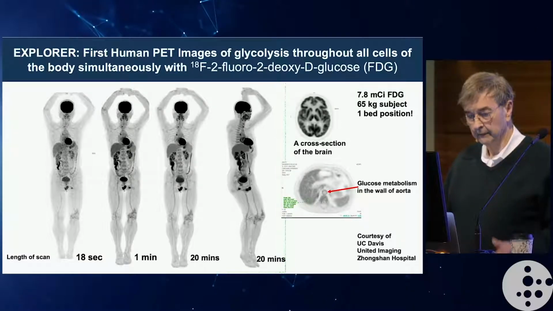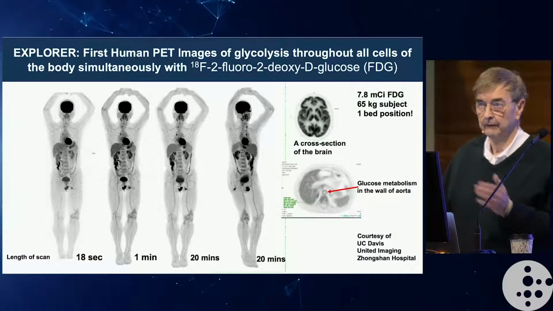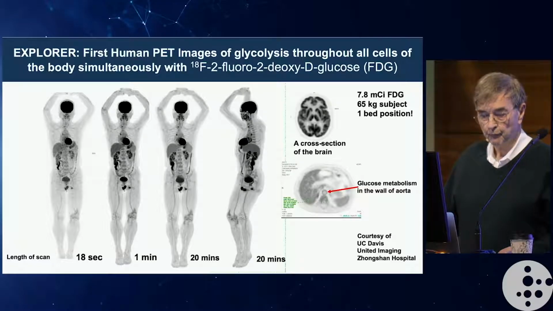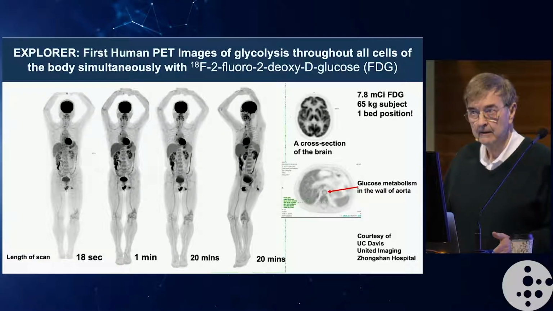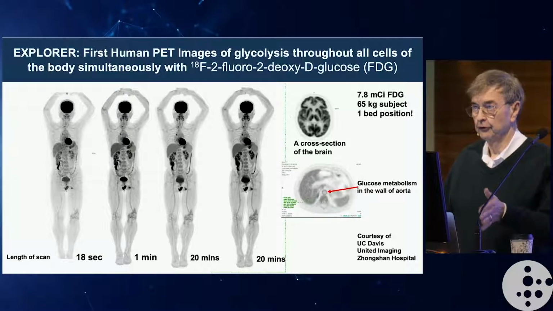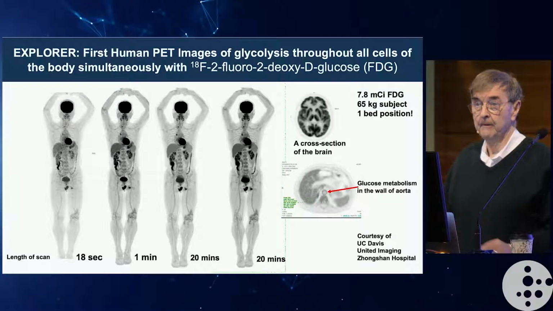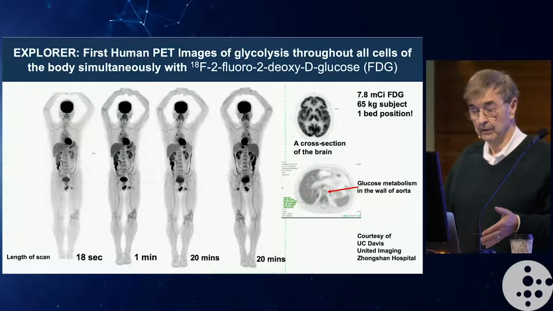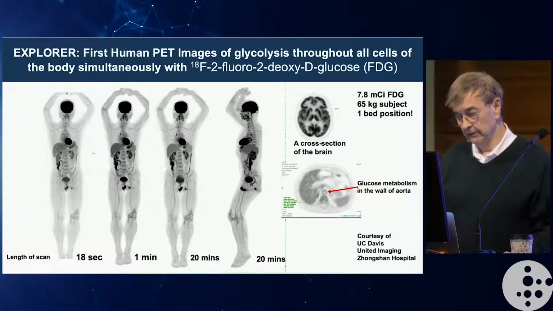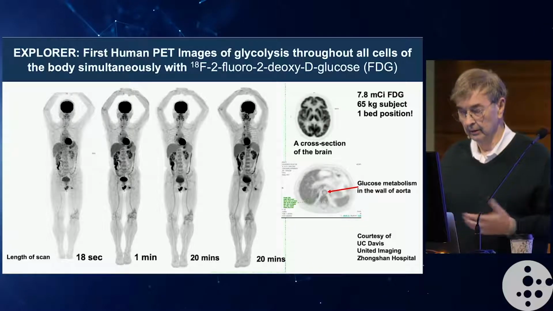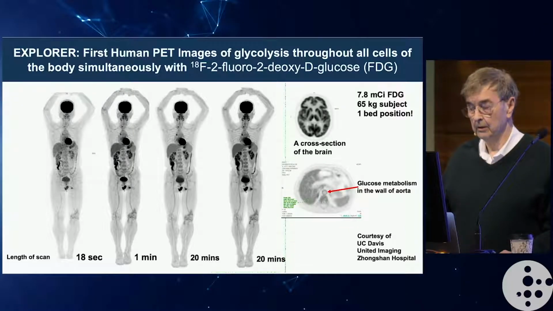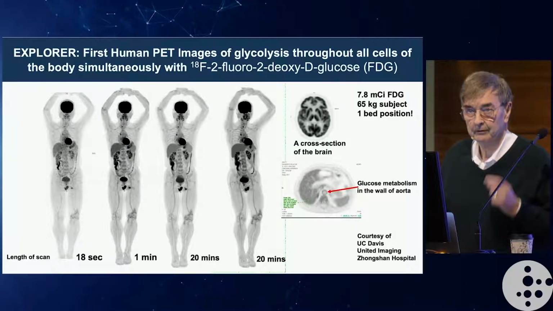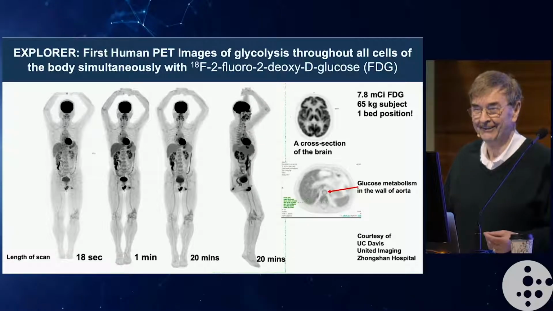But you see to the left, in 18 seconds, they can come very close to that, or in a minute. So they have amazing efficiency in temporal sampling to do the kinetics of biochemistry and biology and pharmacology. At the right, you see a cross-section down to the liver, and you see the aorta, but it's the glucose metabolism of the wall of the aorta.